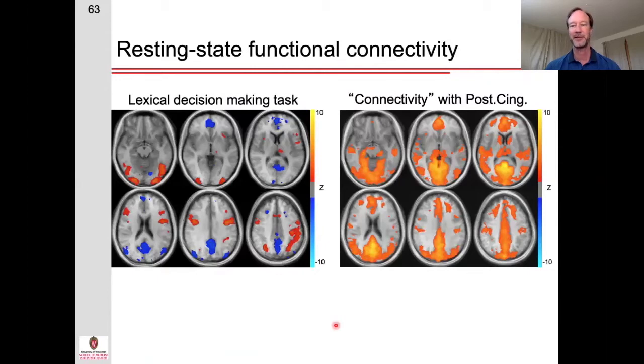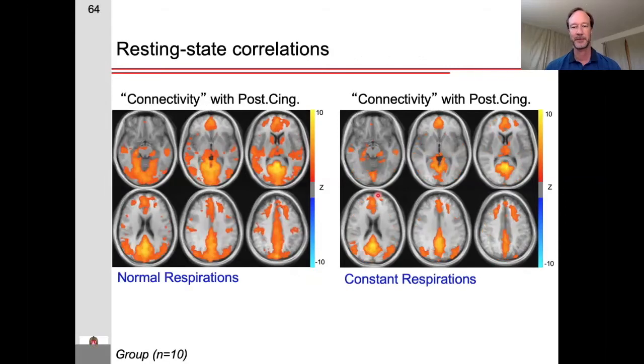On the right, you can see that connectivity with the posterior cingulate showing a lot more extensive connectivity, going down into more of the occipital lobe, further than we had seen with the default mode network deactivations. So one of our thoughts was, well, perhaps this is because the respiration is interfering and causing these additional correlations. And when we had the participants try to keep the respirations as constant as possible, we did see a map that looked a lot more like the default mode network that we saw in those deactivated regions in the previous slide.